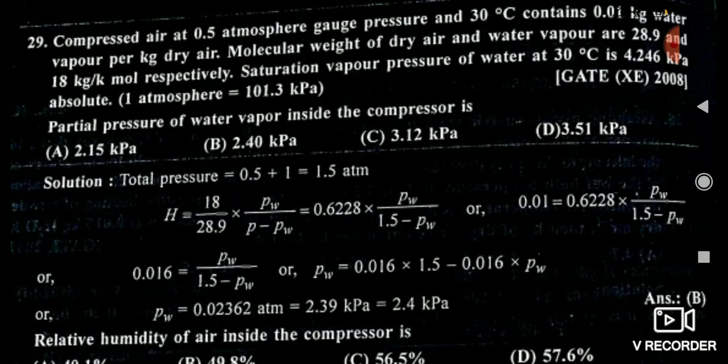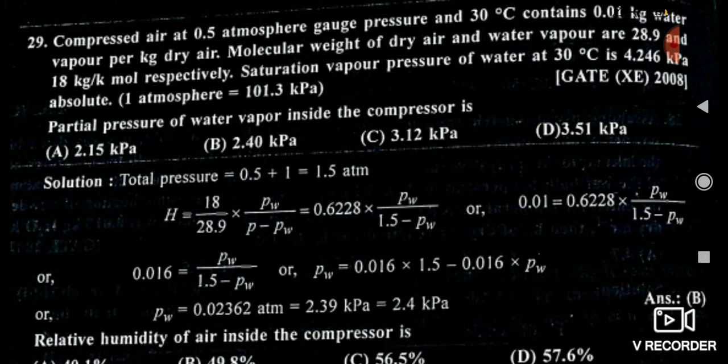So friends, the first thing you should see here is that it has given the absolute humidity, that is 0.01. So you should simply use the relation H is equal to 0.62 times pw by (P minus pw), or otherwise you can write it as 18 by 28.9. Friends, I have told you in my previous lecture that 0.62 comes from 18 by 28.9, means the ratio of the molecular weight of water to the molecular weight of air.